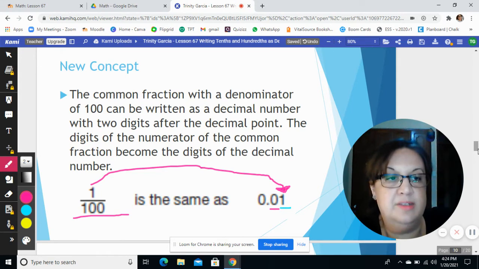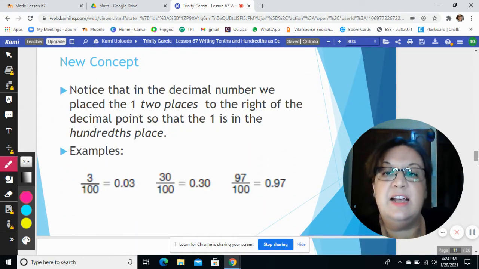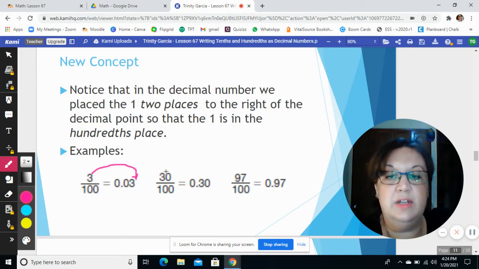Make room for a 0. Okay, so notice that in the decimal number, we placed the 1 2 places to the right of the decimal point so that the 1 is in the hundredths place. You can see how this numerator moved to the hundredths place. And this one, what did this one do?